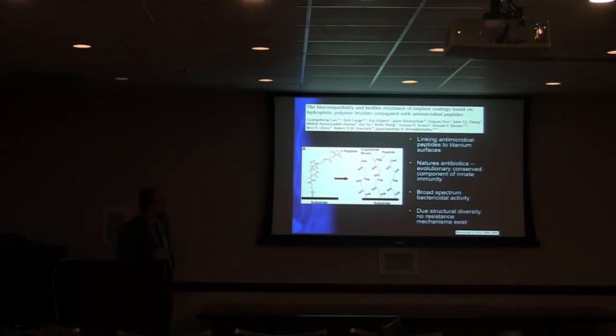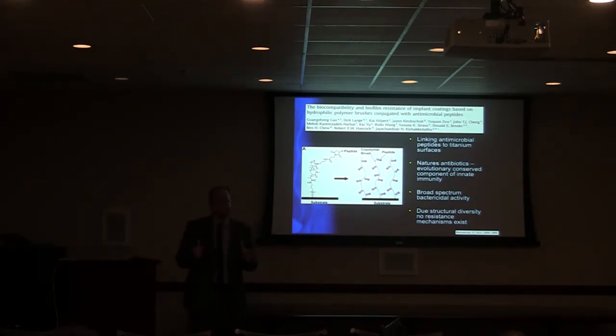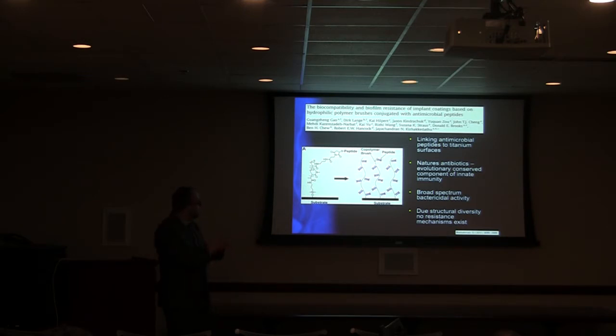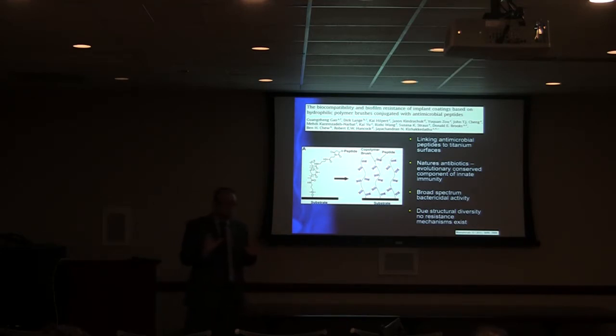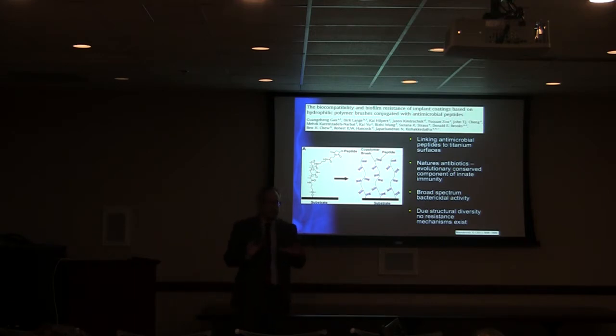Another approach that we've been quite active in is the whole idea of moving away from antibiotic use. We've been collaborating quite closely with polymer chemists and antimicrobial peptide expert Dr. Bob Hancock at UBC, on using antimicrobial peptides and linking them to surfaces. The idea here is that, as I mentioned before, conditioning film will cover up anything on the surface.